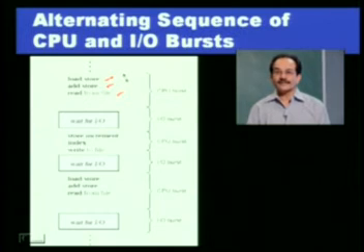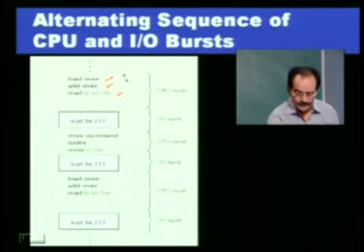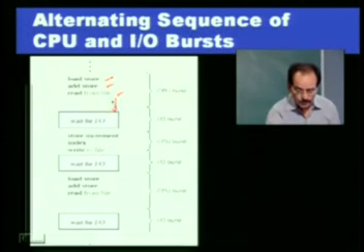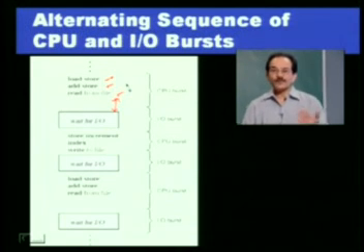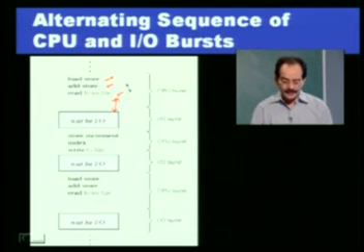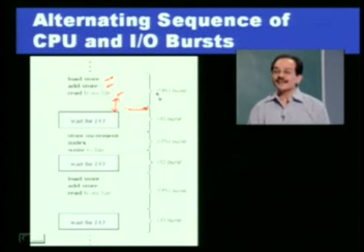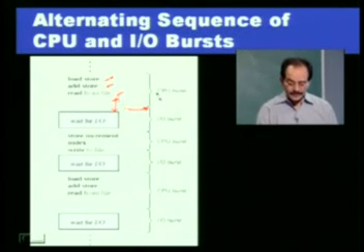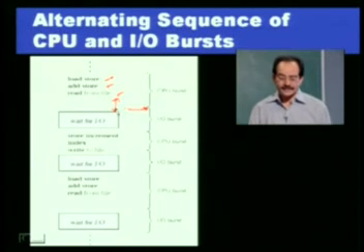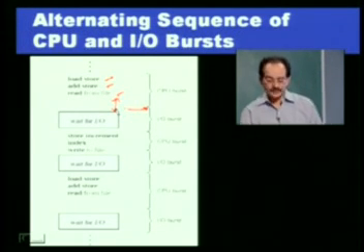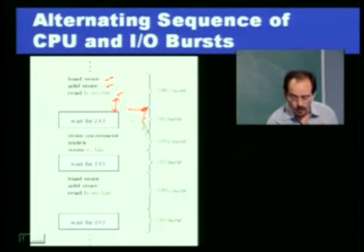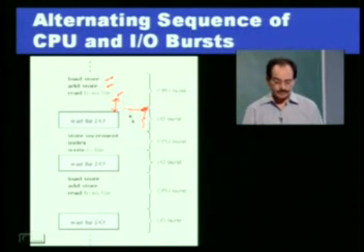In this phase, my job is going from CPU burst to IO burst, and at this moment my CPU is idle, waiting for this IO burst to be over.